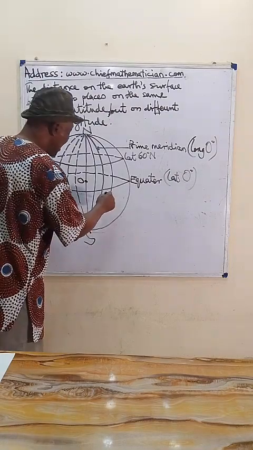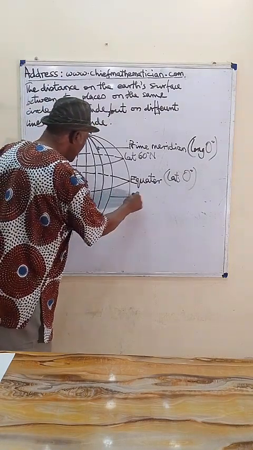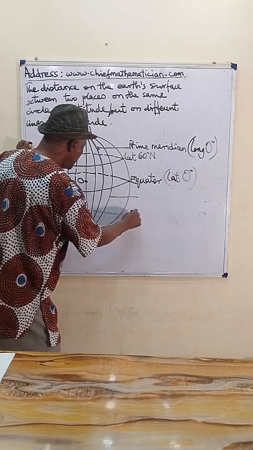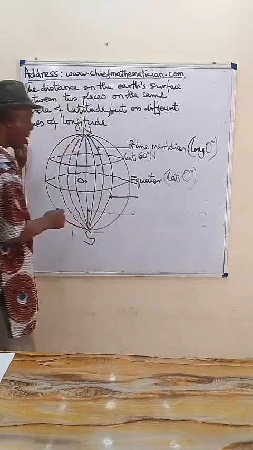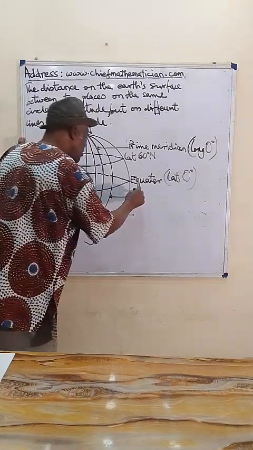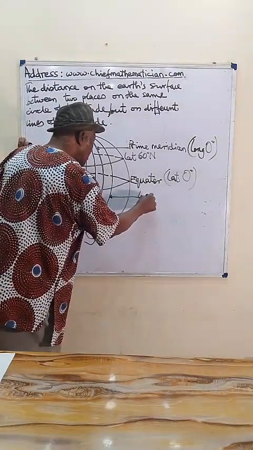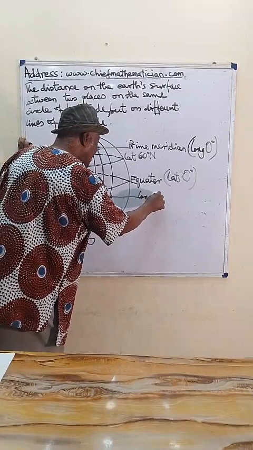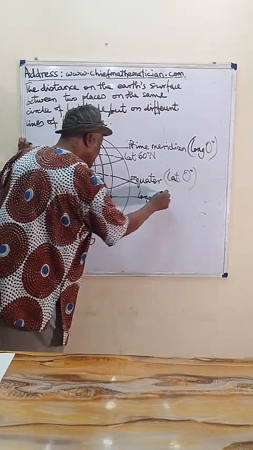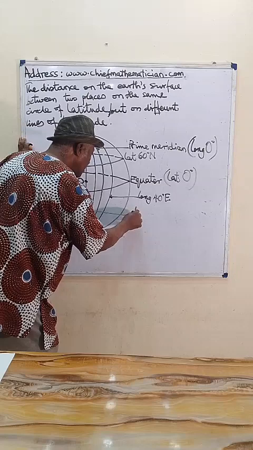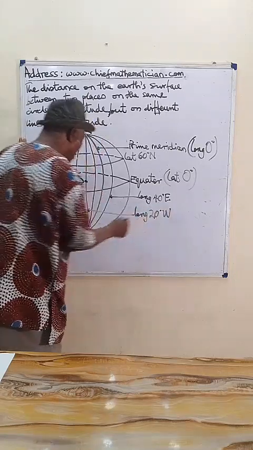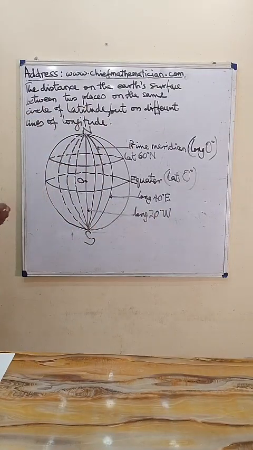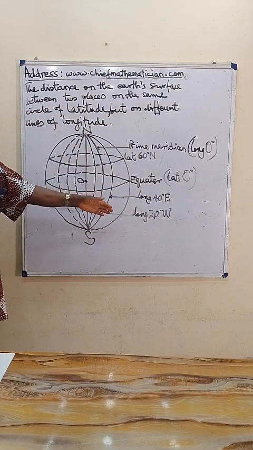Suppose again we call this longitude 40 degrees east, and call this one longitude 20 degrees west. These are lines of longitudes.